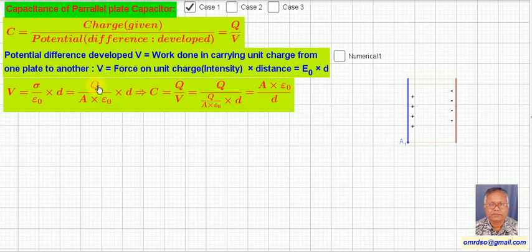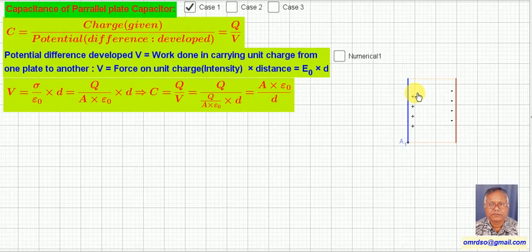Q is the charge given, A is the area of the plates. So this implies that Q upon V is equal to Q upon (Q d upon A epsilon naught), that finally gives you A epsilon naught upon d. This is the capacitance of a parallel plate capacitor when there is vacuum or air in between the parallel plates.